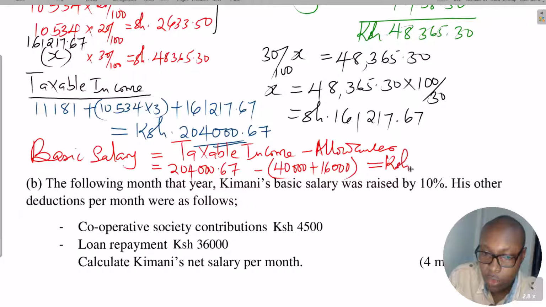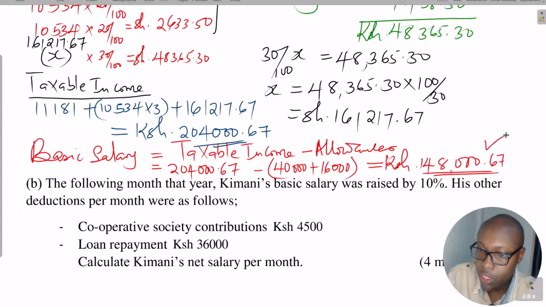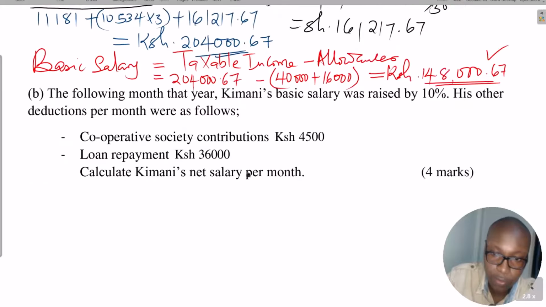Simply work that out and subtract. So 204,067 minus that will give 148,067. So that is the basic salary. We can proceed now to the second part of the question.